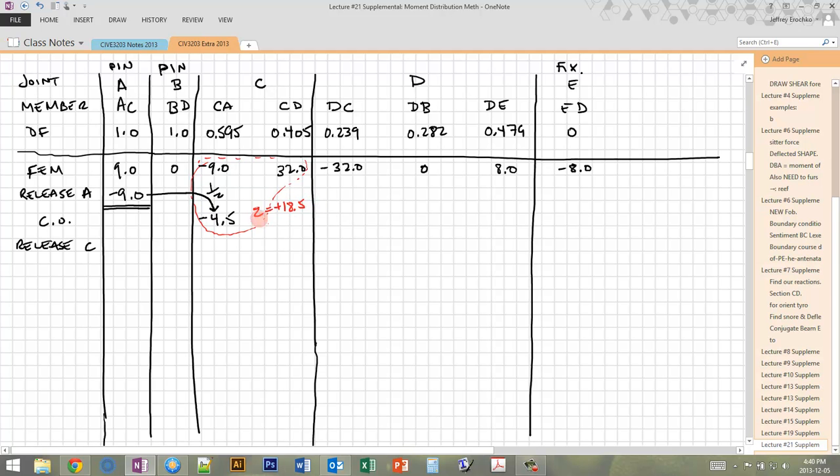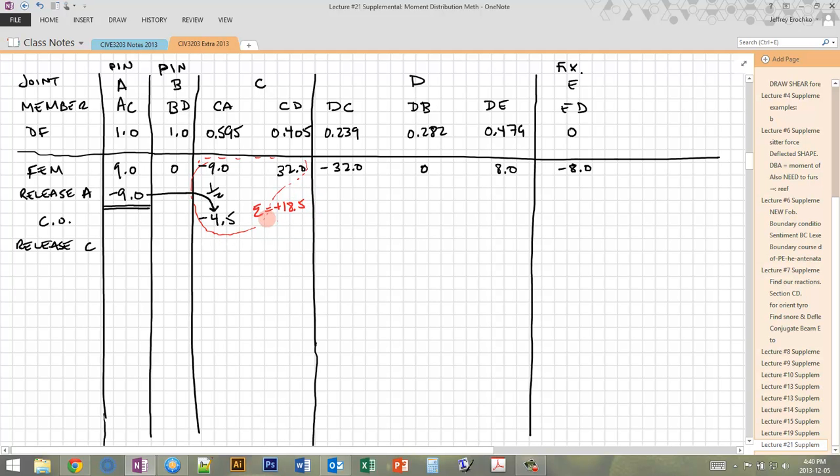You don't have to write this on your table, but I'm writing it here so that you can see for clarity. So if we have a positive 18.5 unbalanced moment on C, in order to put C into equilibrium, we have to add the reverse of this to bring it back to 0, because sum of moments about all joints has to equal 0. So we have to add negative 18.5.